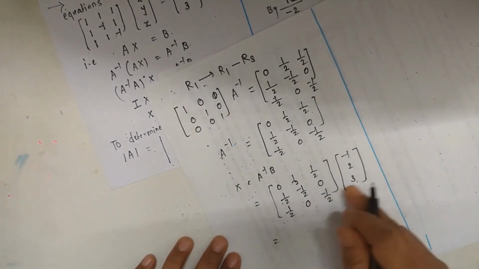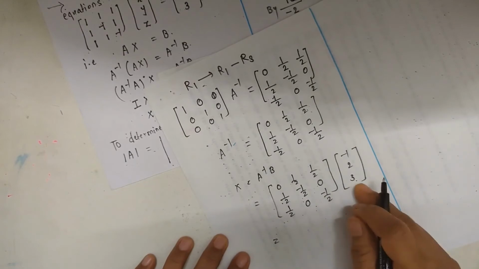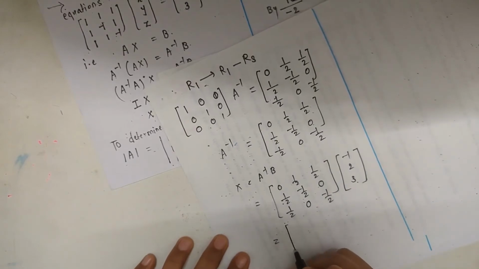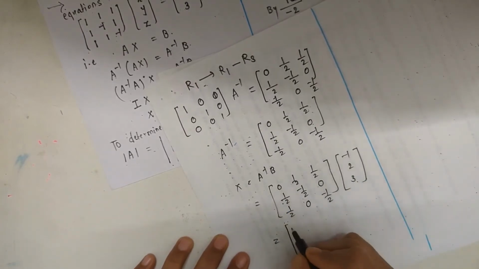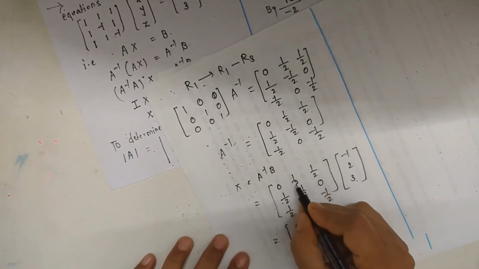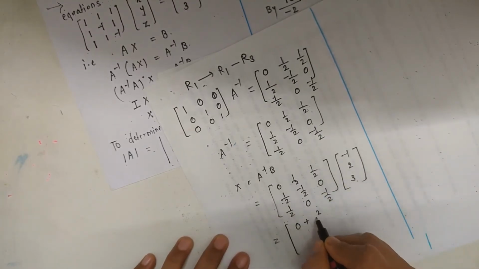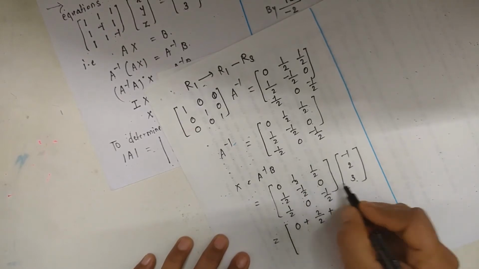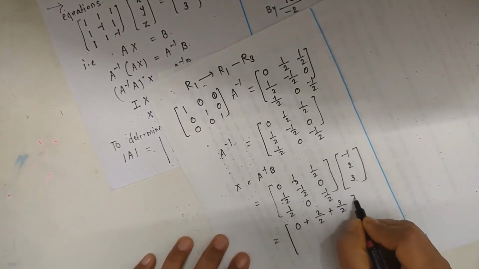By calculating the product of these two matrices: 0 minus 1, 0 plus 1 by 2 into 2, 2 by 2, plus 1 by 2 into 3, 3 by 2.